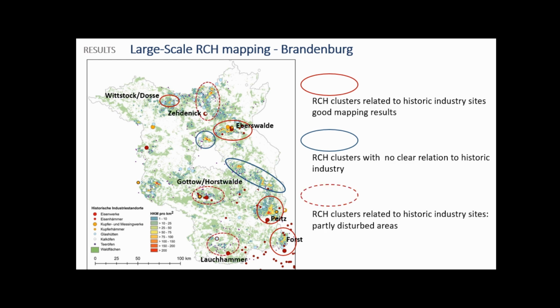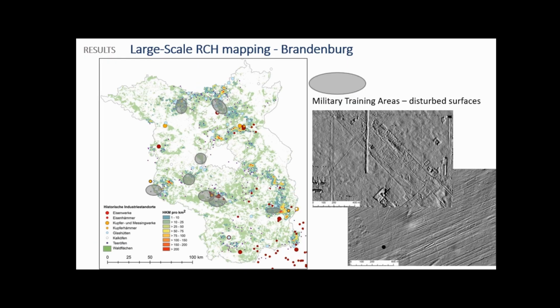Then we have a few areas where we have large, very important iron industry consuming a lot of charcoal, but we map a surprisingly low number of sites. If we have a closer look at this, we see that we have surface disturbance in several areas.